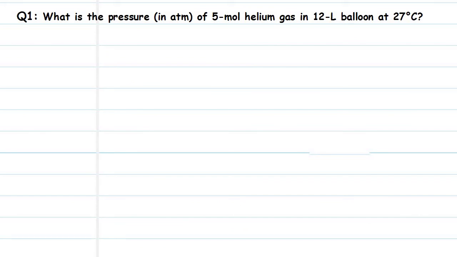For this one, what is the pressure in ATM of 5 mole helium gas in a 12 liter balloon at 27 degrees Celsius? PV equal to nRT. So you know n, you know V, you know T, and they ask for P. That's pretty straightforward.